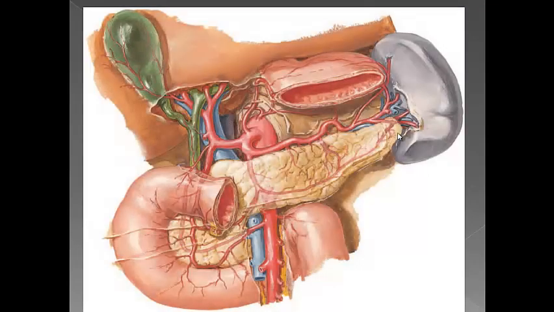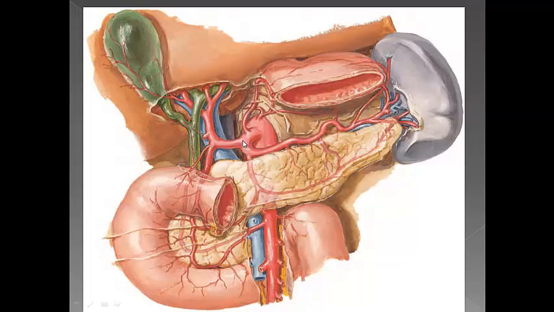Alright, so what you're looking at here is just a detailed picture of the different parts of the celiac trunk. I've mentioned before that the celiac trunk is a relatively small artery, and as soon as it comes out of the abdominal aorta, it just immediately divides into its branches, which are the left gastric artery here. This is this one.